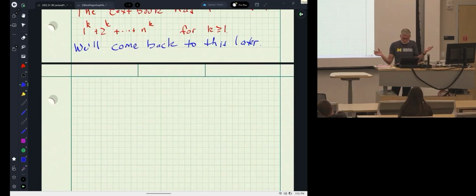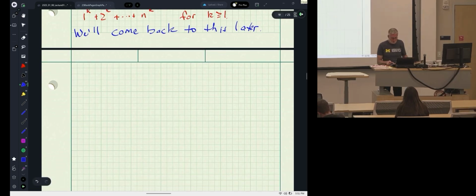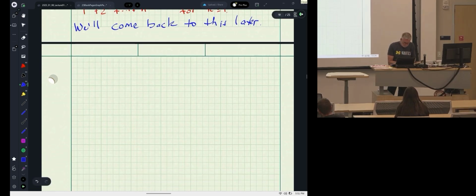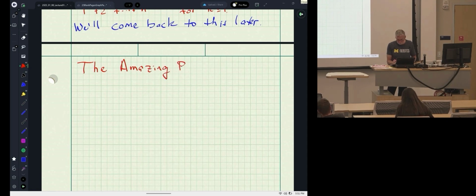Okay, so now we know the formula for the sum of the first n integers. The next thing we're going to study now is the heart of integral calculus, the amazing power of the rectangle. Finding the area under a curve.